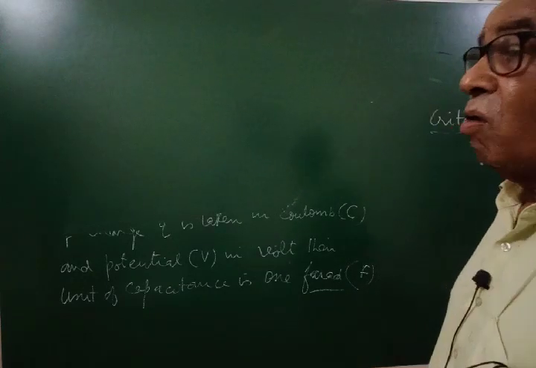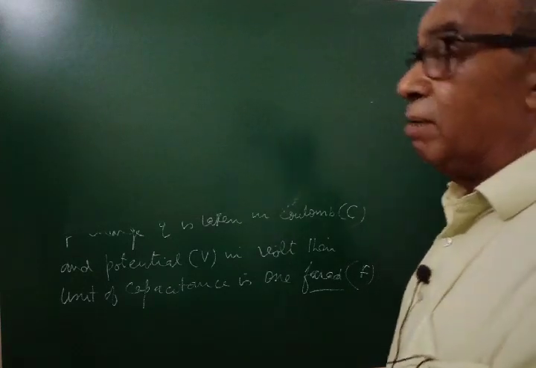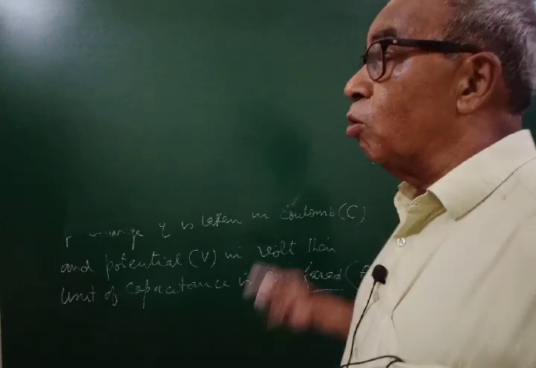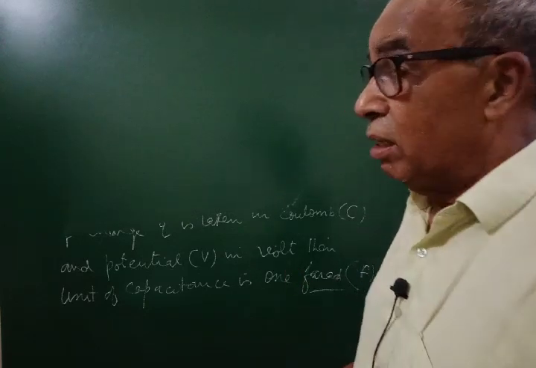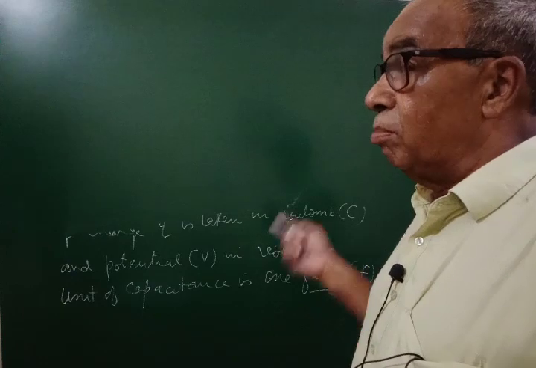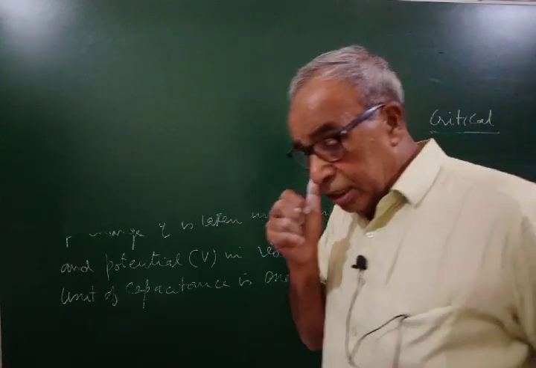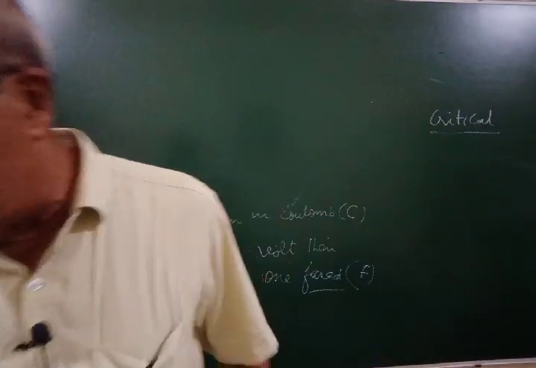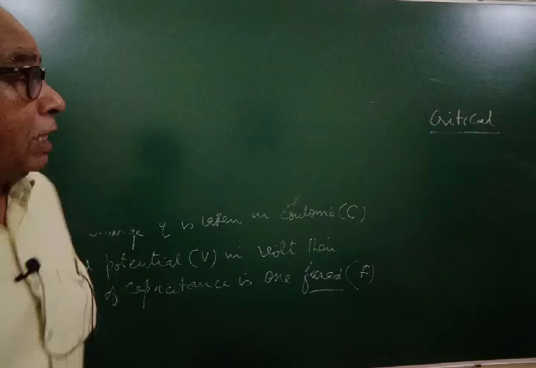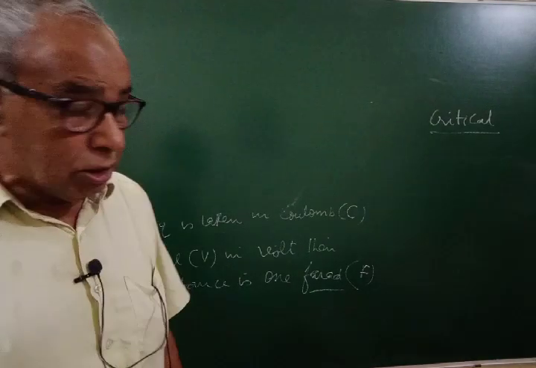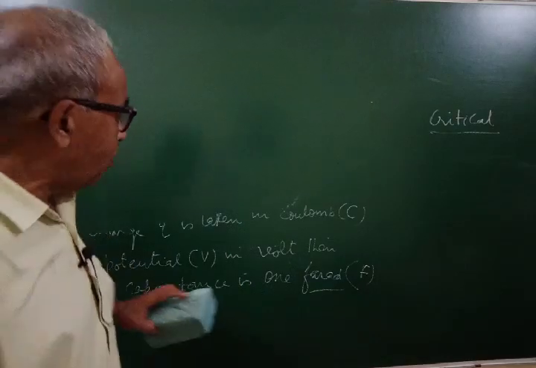Critical means a transition point. If the patient improves from that condition, he will survive. If the condition goes below that particular point, he will not survive. So that is called a critical condition. Critical is a point or line of transition. Okay, that is not my point.